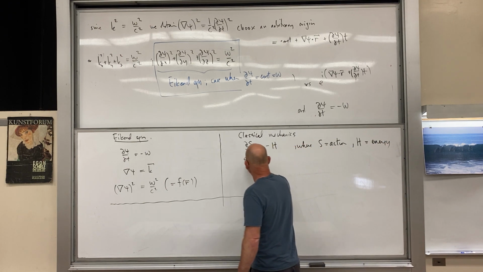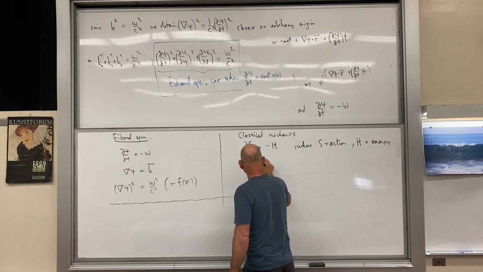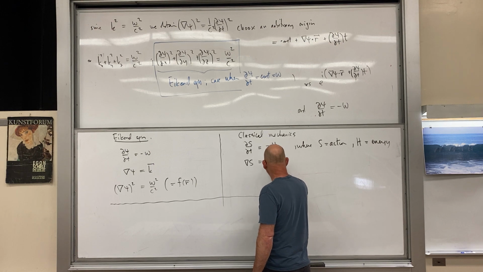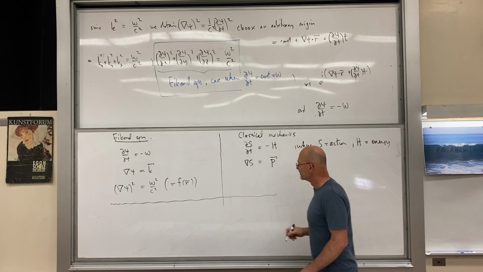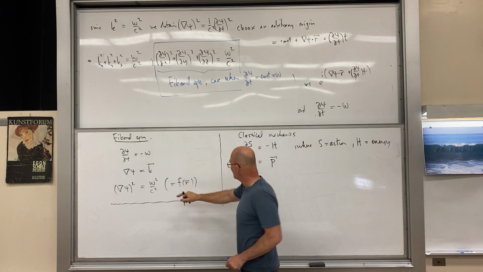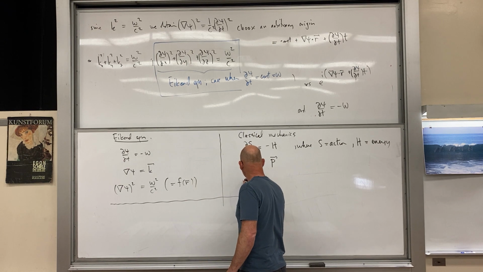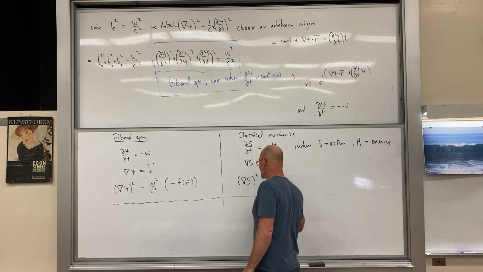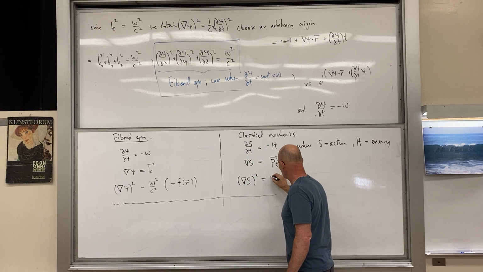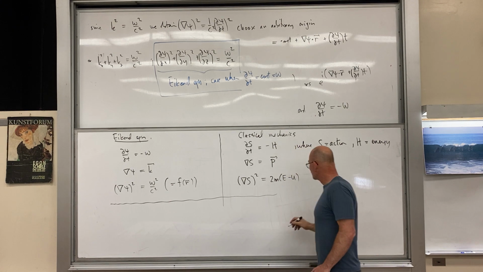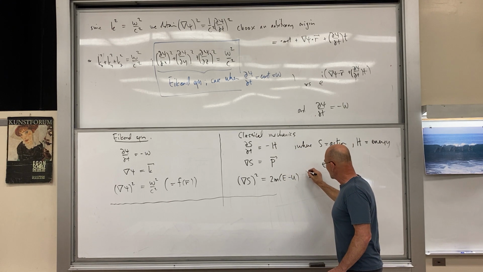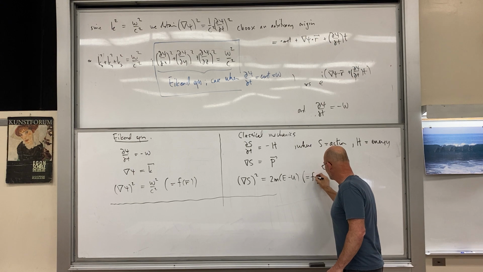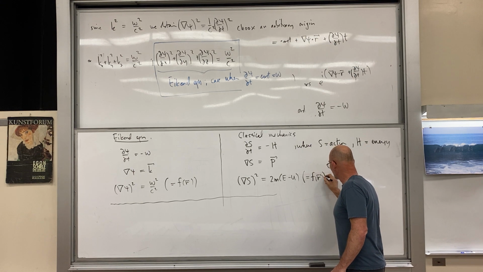Then you have the gradient of S is equal to P. And here, I'm just going to write the gradient of S squared is equal to 2m(E minus U), and in parentheses, that is a function of position.